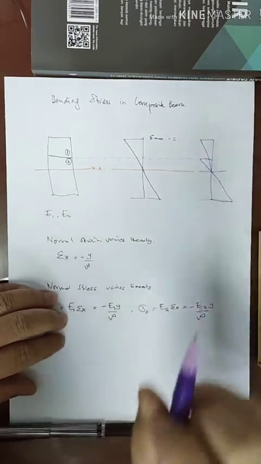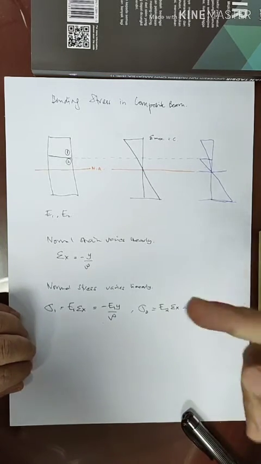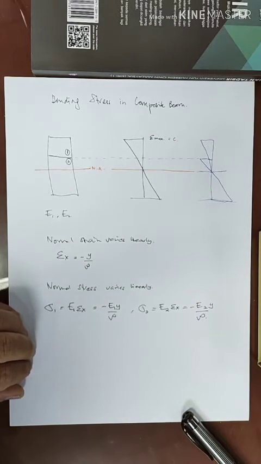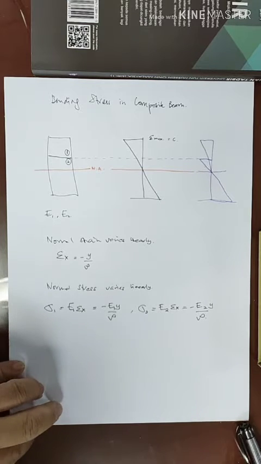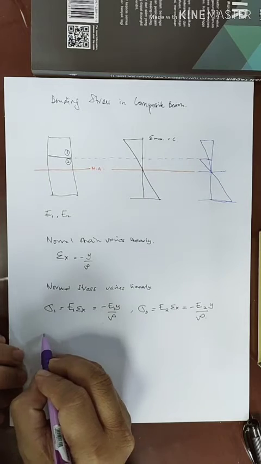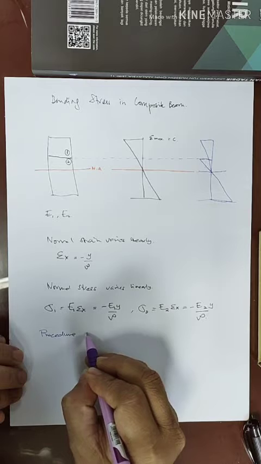So this conflict is due to the neutral axis not passing through the centroid of the section. So how are we going to solve it? It is advised to follow the following procedure.